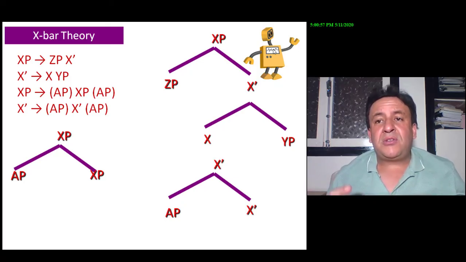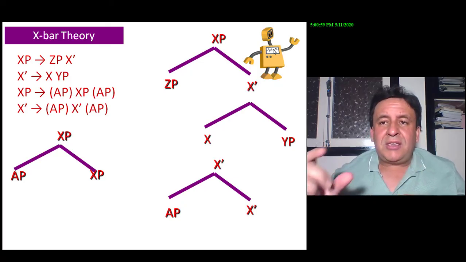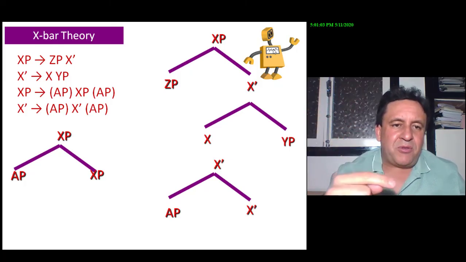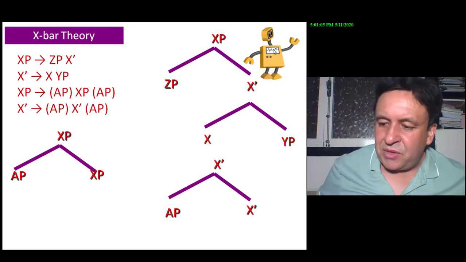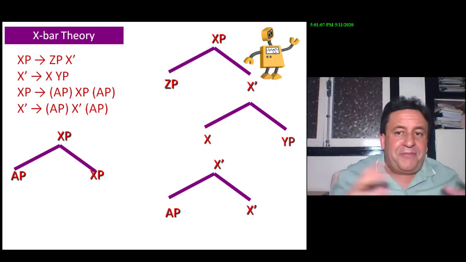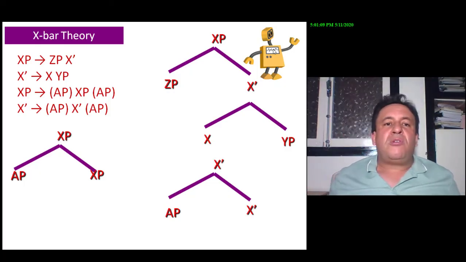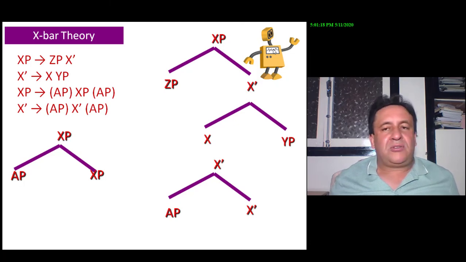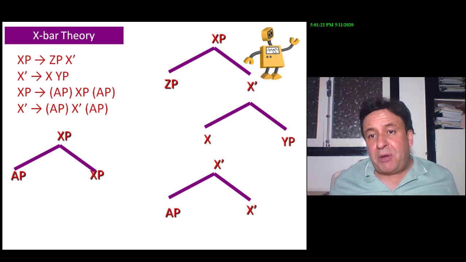But for us to do this, we should make sure that it has a limited number of rules, because if the number of rules that it has is infinite, then the robot will not be able to use it. If the number of the rules that we have is infinite, no child will be able to learn his or her mother tongue within 5 years. That would be an impossible task.